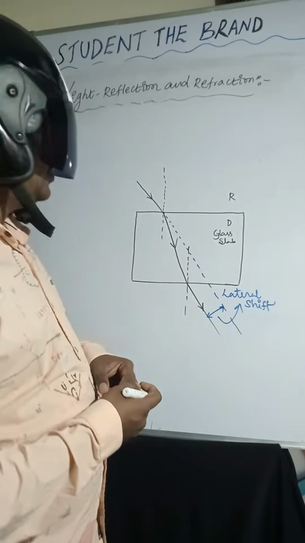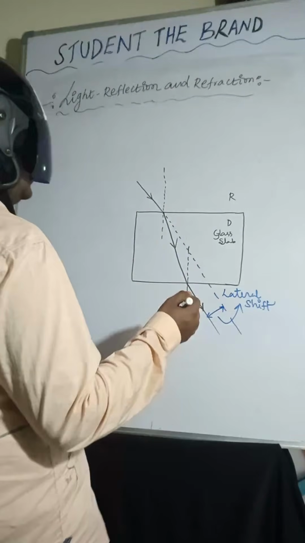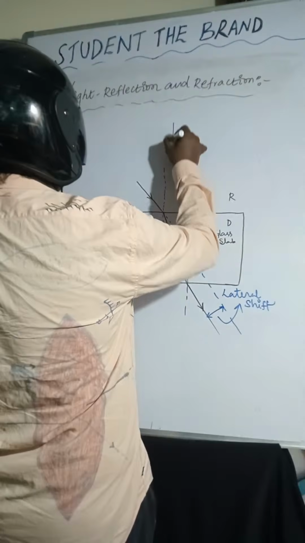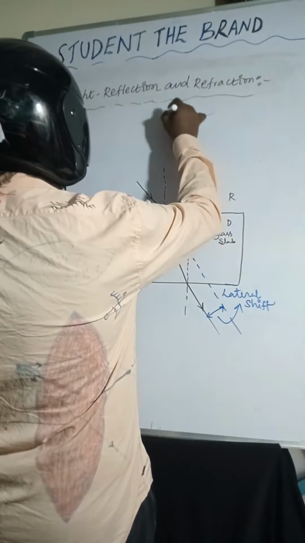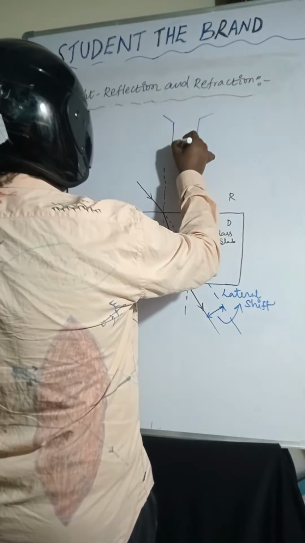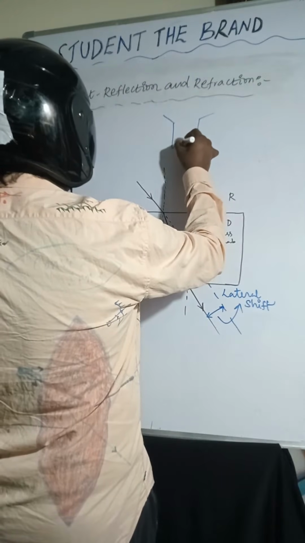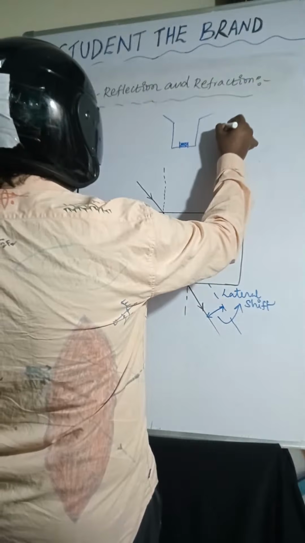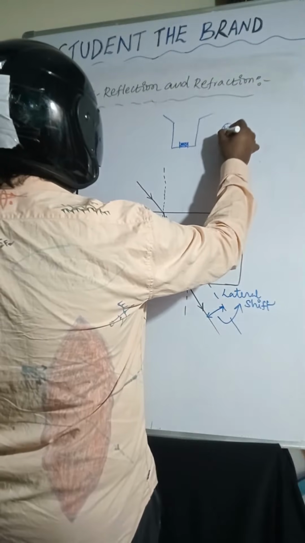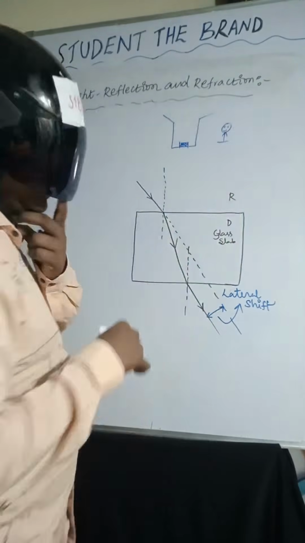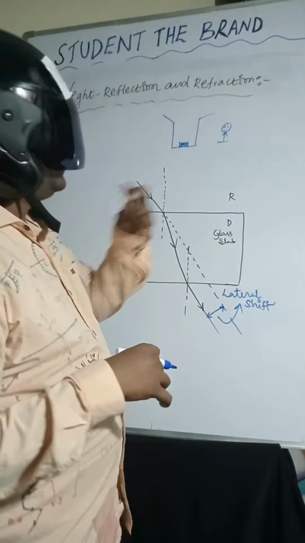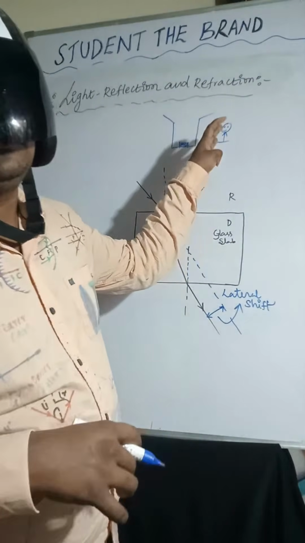Okay, now I'm taking one beaker here, and I placed one coin over here. The person is standing here. Initially, he can't see the coin.